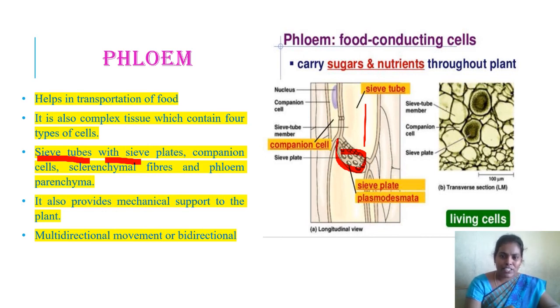Just beside the sieve tubes, companion cells are present, which are also long elongated cells. And see this third type of cells here, sclerenchymal fibers, which are non-living and give mechanical support to the plant. You all know that in the 9th class you have learnt about different types of tissues in plants and other organisms.